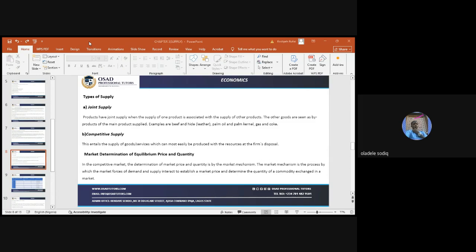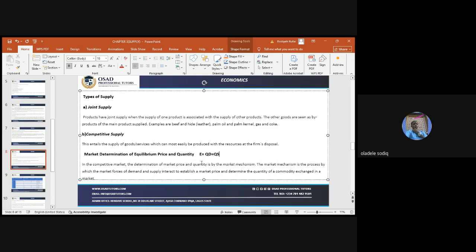Now, what is equilibrium itself? Equilibrium is the point. Please look at the board, look at where I want to type now. Equilibrium now equals a situation whereby quantity demanded equals quantity supplied.